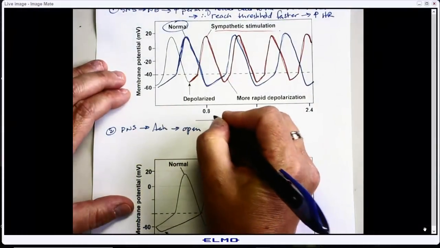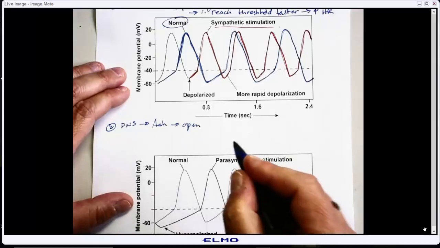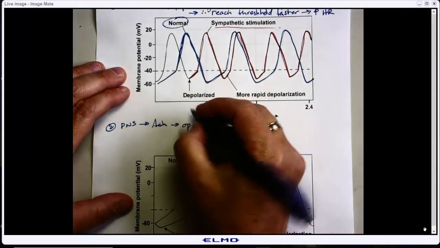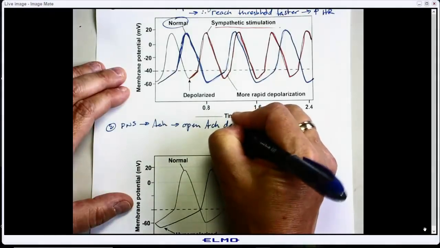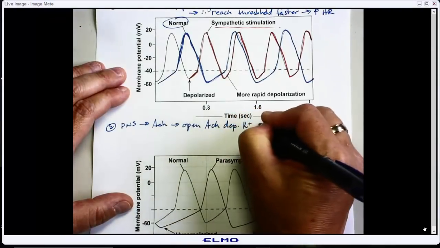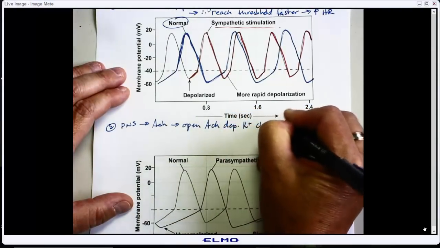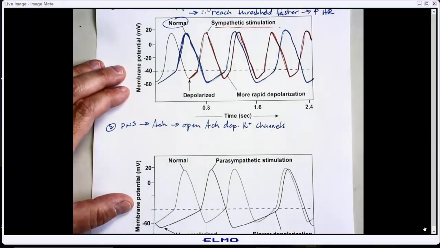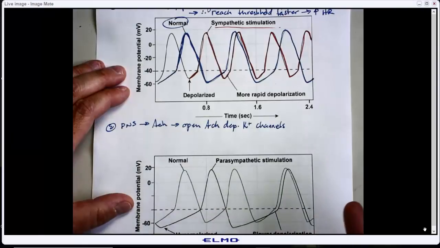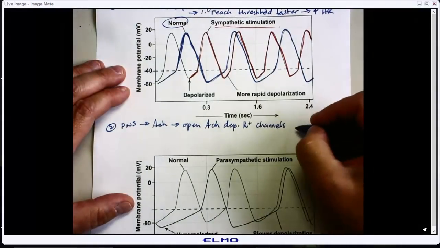So this is a ligand gated potassium channel. So we're going to open acetylcholine dependent potassium channels. What's that going to do? We're going to have potassium movement out. If we allow potassium to move, it will move towards its own E ion.